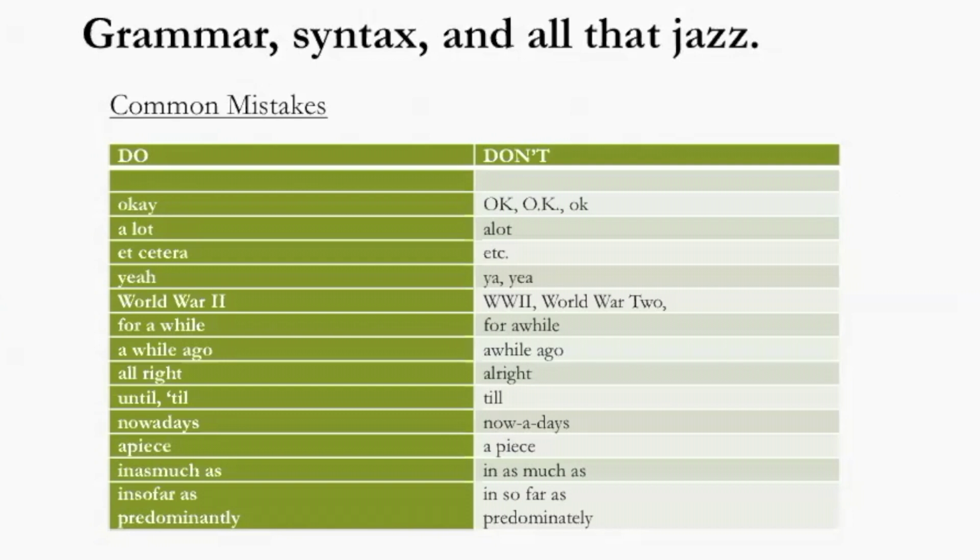So we try to just keep it as written out and professional as possible. These are some of the ones that we've seen over the years, so these are the common mistakes over here, and then these are how we would want them. And again, you would go to the style guide, which will be sent to you, so you can go through the pages and see what else for reference if you ever have a question when you're typing it or if you're unsure.